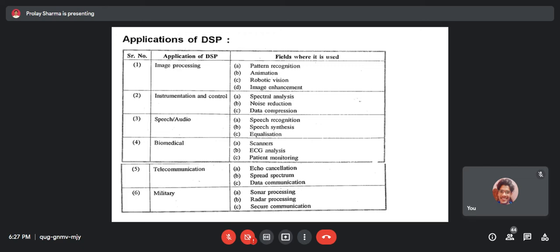Next, telecommunication: echo cancellation, spread spectrum, data communication, encryption, security, data compression. So in many fields in communication, DSP is applied. In military also, suppose radar signal processing, sonar processing, secure communication, that is cryptography, is the application in military. So these are the applications of DSPs.